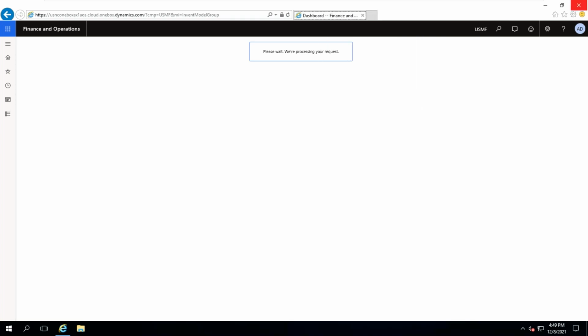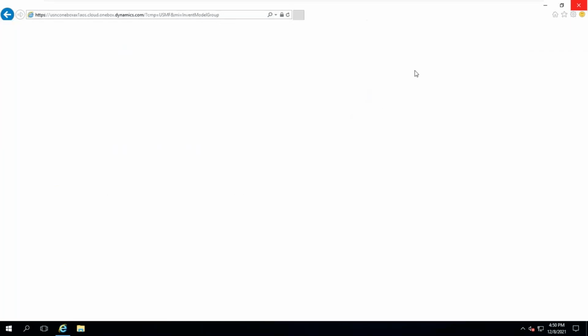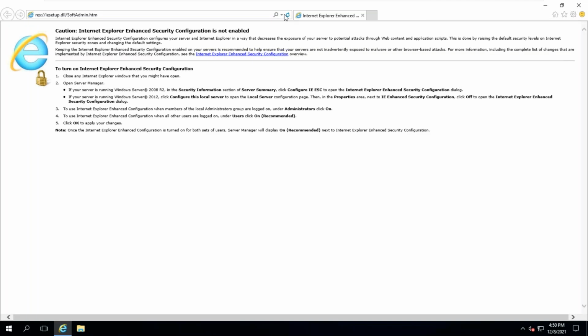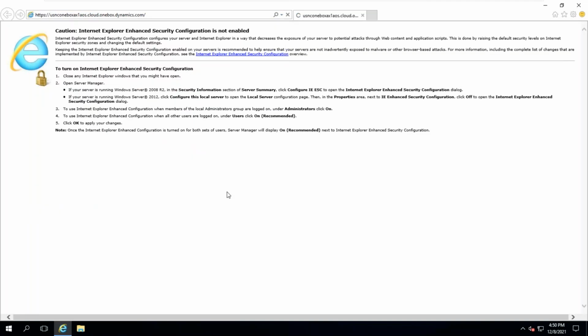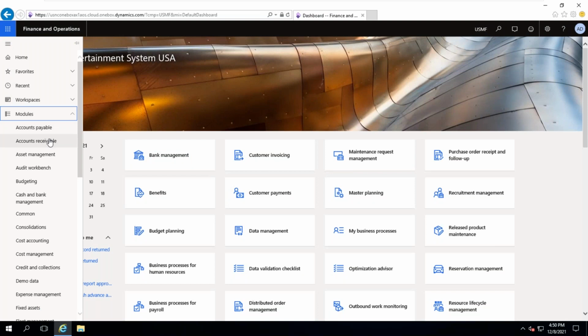It is from so much time I have not opened. Let me open freshly. So I will create one item, FIFO, and then we'll do the purchases, same like whatever was explained, in the same manner. We'll try to purchase and we'll verify.